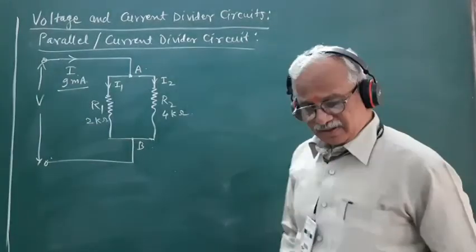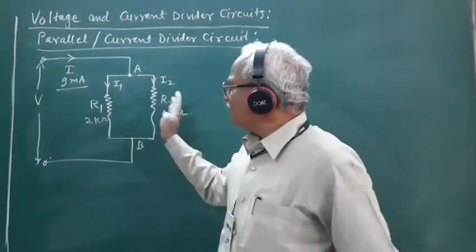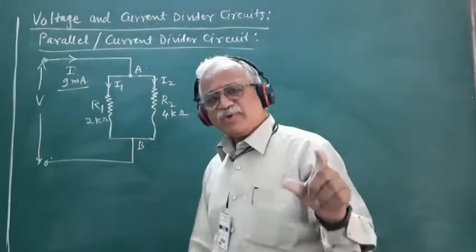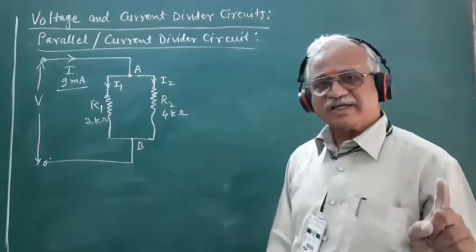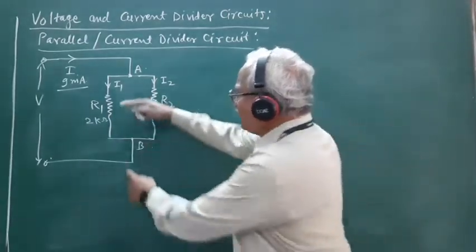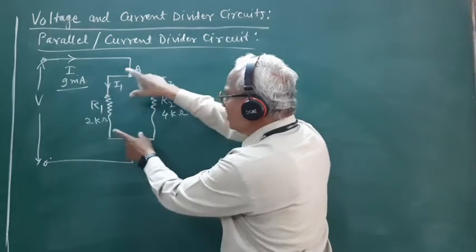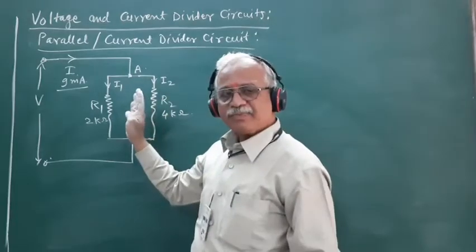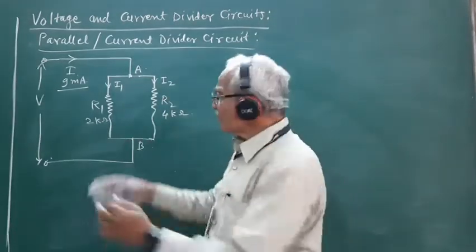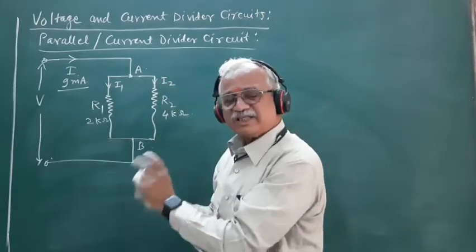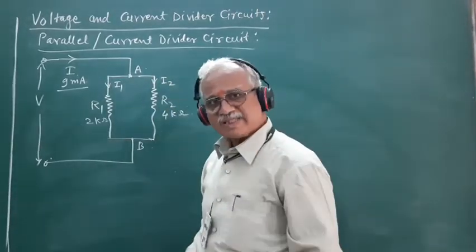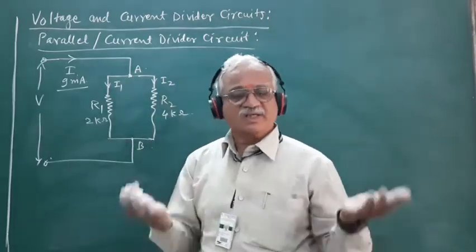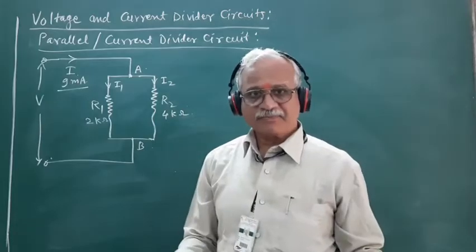Now, when these resistors R1 and R2 are connected in parallel, the most important point to be remembered in the parallel circuit is that the potential drop across each resistor in the parallel combination is found to remain the same, whereas the currents flowing through the different resistors are found to be different.